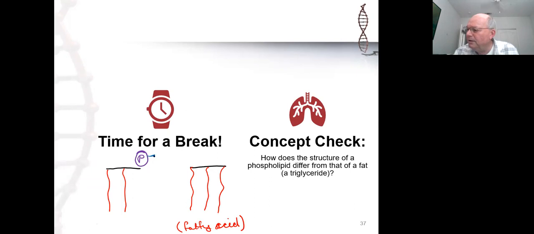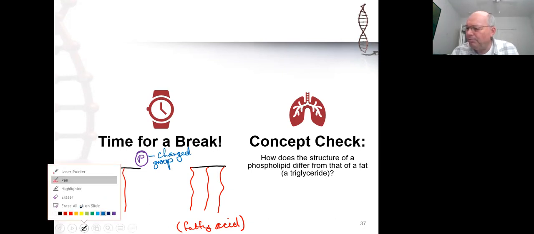is some sort of charged group. So yes, we've got a slight difference in the arrangement, but that also means that we've got different properties.